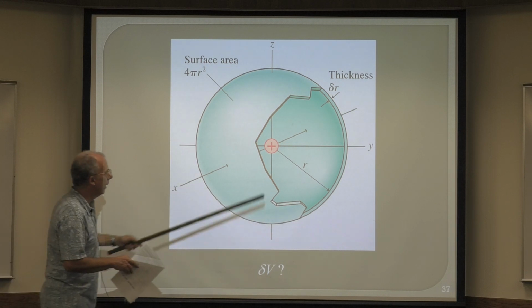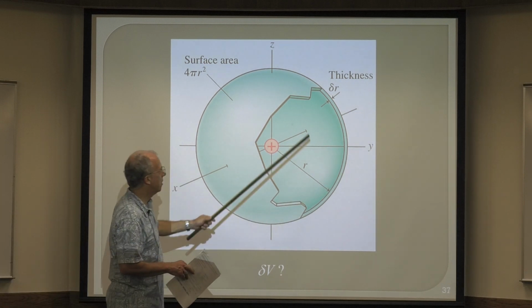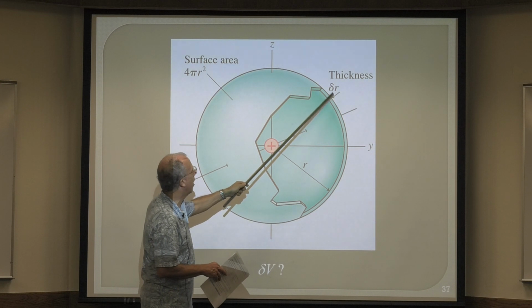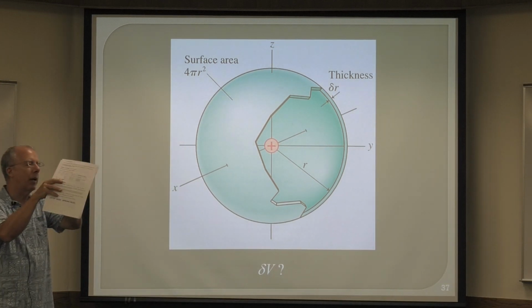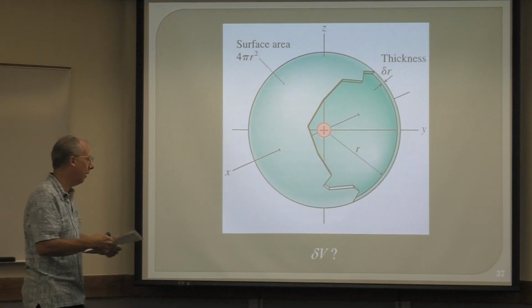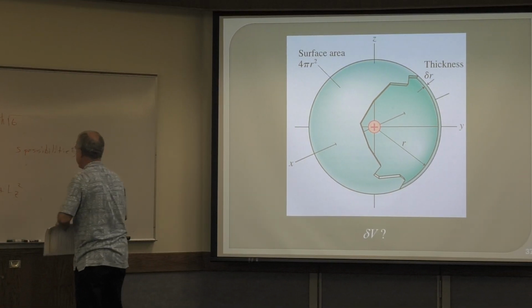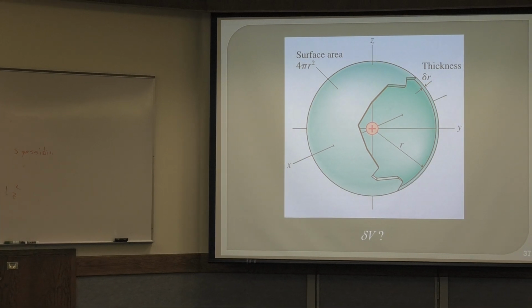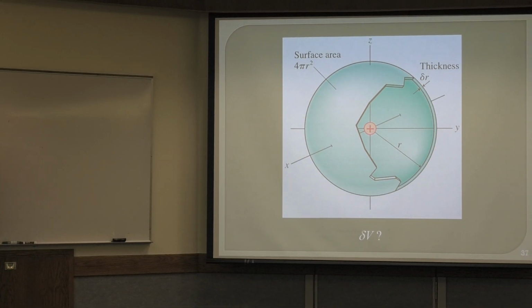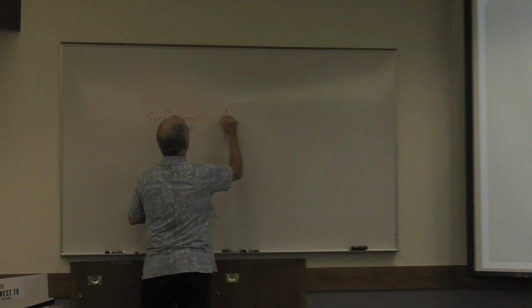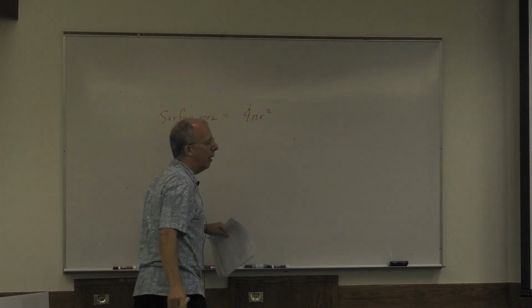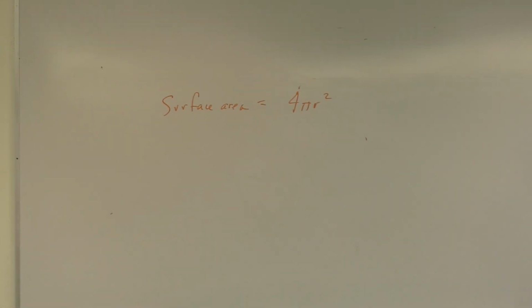So what is the volume of a shell? Here we go. This is r. We can say the thickness of the shell is delta r. So what is the surface area for a sphere? The surface area for a sphere is 4 pi r squared. But we've got to get a volume. It's a dV.